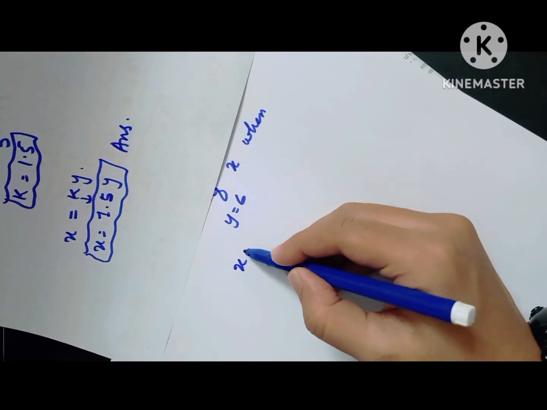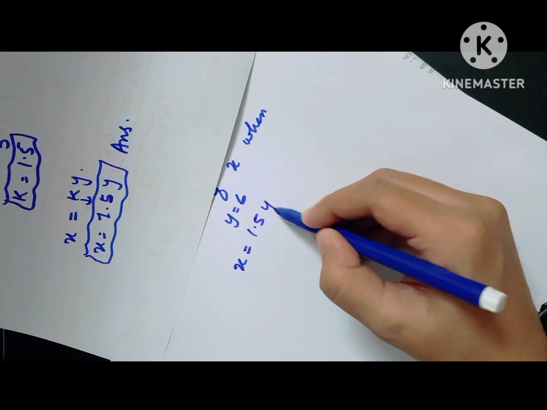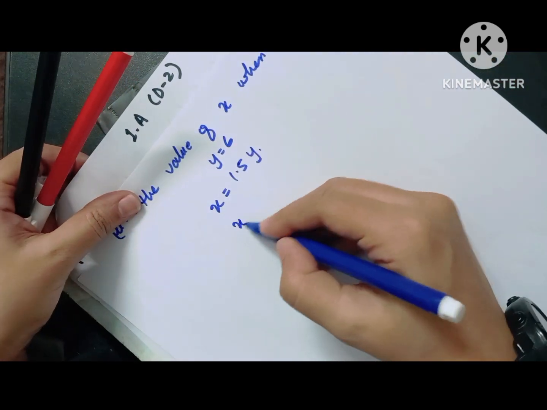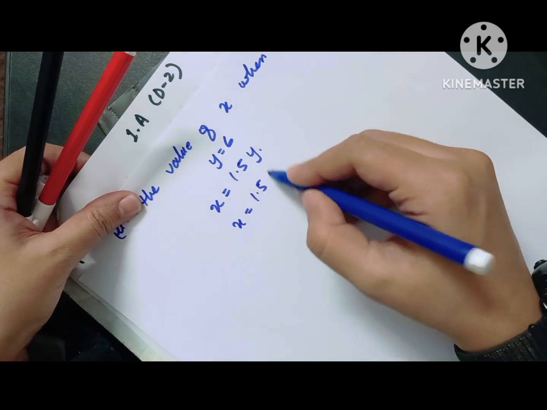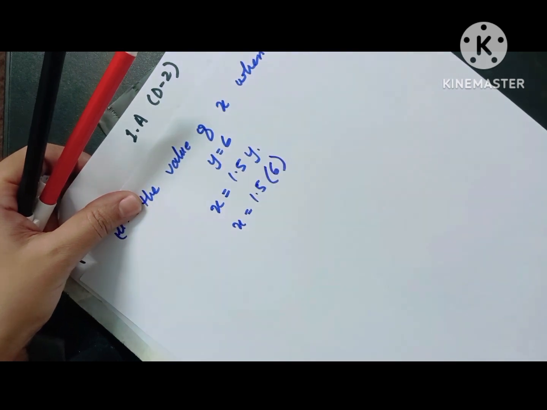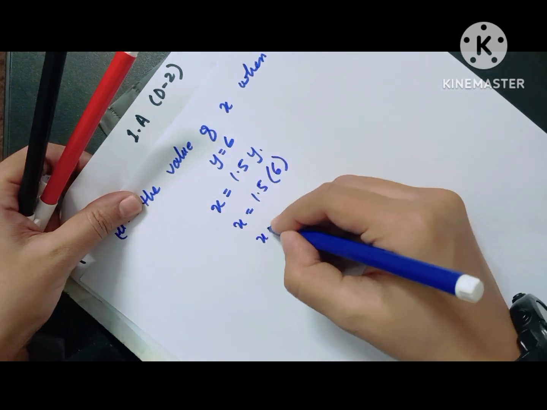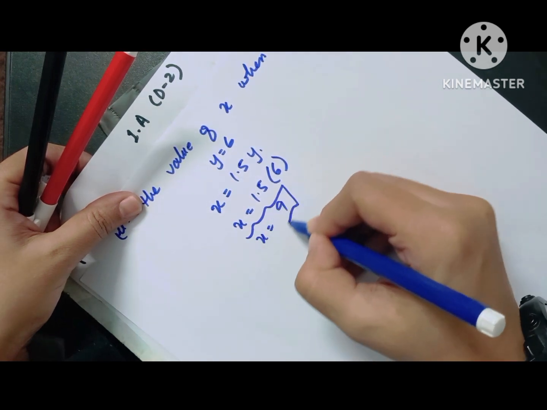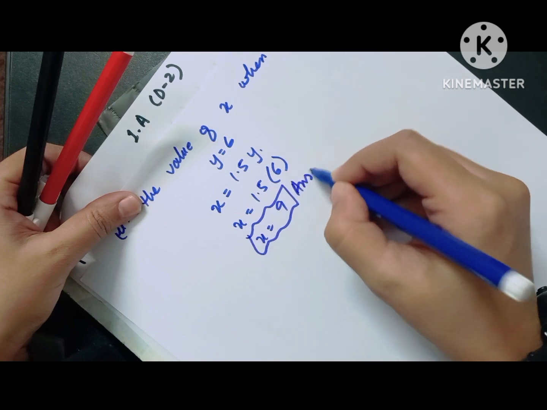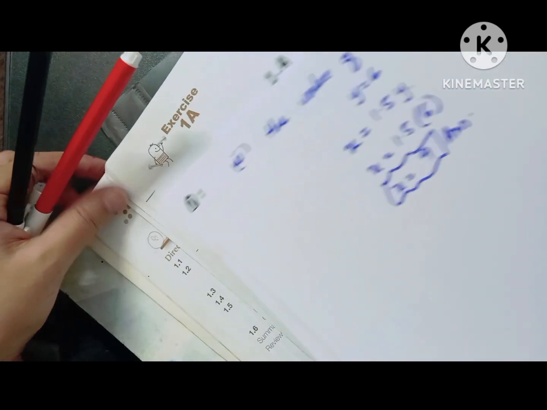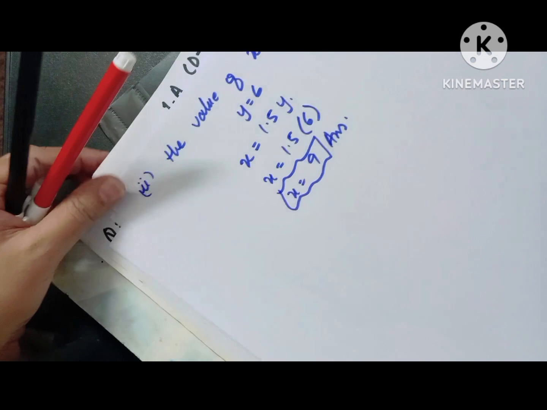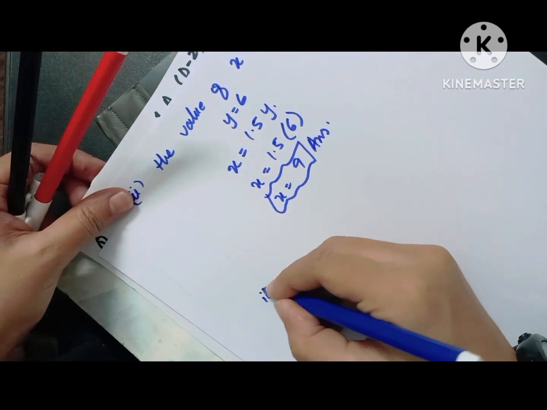The basic equation is x is equal to 1.5 y. And then what we need to do, just we need to put the value of y, that is 6, and then it will be x is equal to 9.